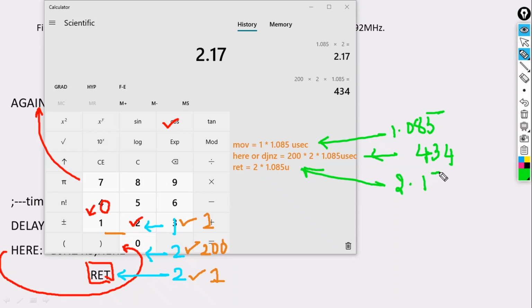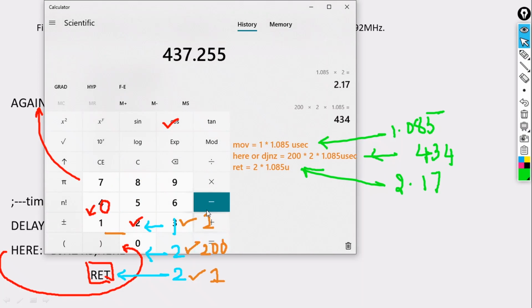Let me add up all these things in the calculator: 2.17 plus 1.085 plus 434. If we add up all these things, we will be ending up with what?